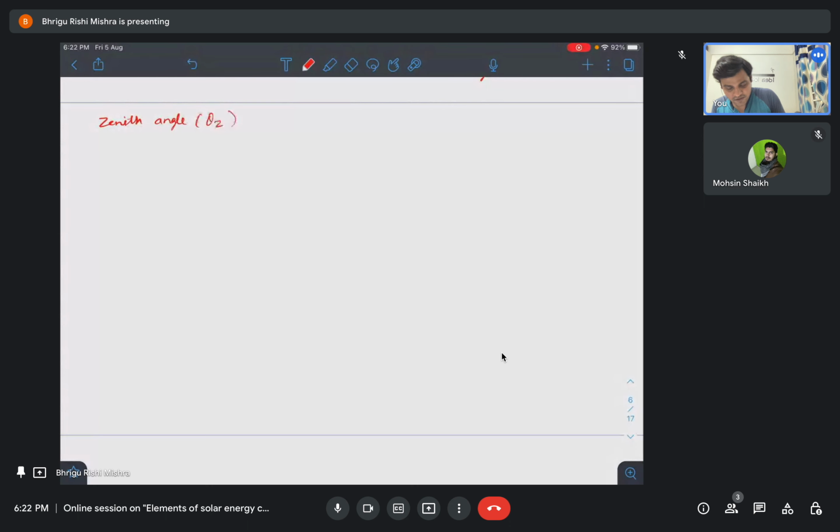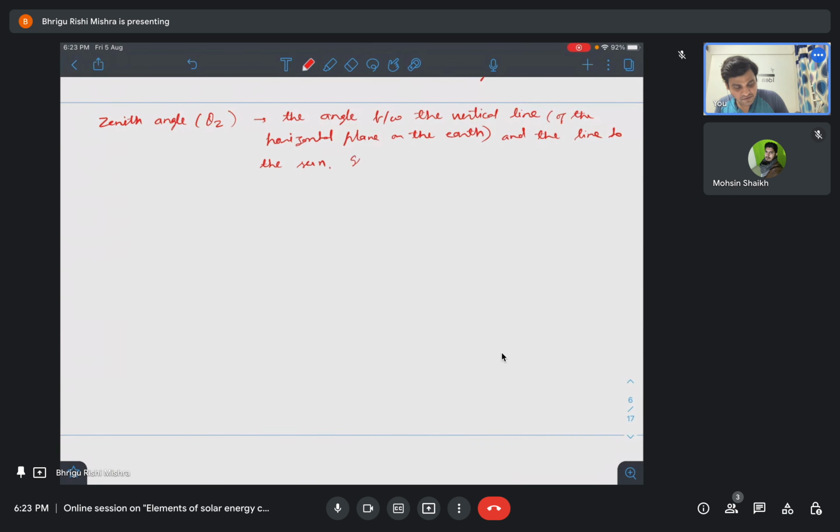Zenith angle theta z is the angle between the vertical line of the horizontal plane on the earth, and the line to the sun.